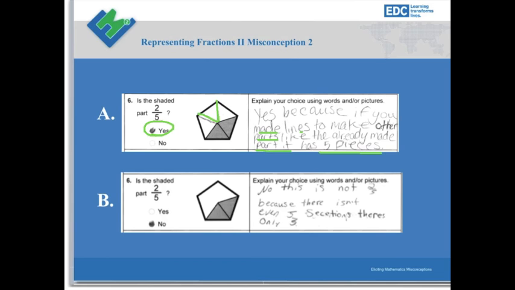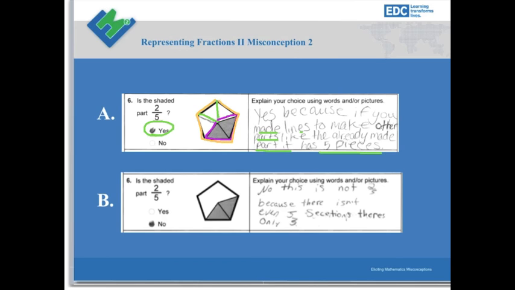Student A associated the number of pieces shaded with the numerator and the total number of pieces after partitioning with the denominator, and paid attention to the size of the pieces and recognized the amount of the shaded region compared to the whole area.